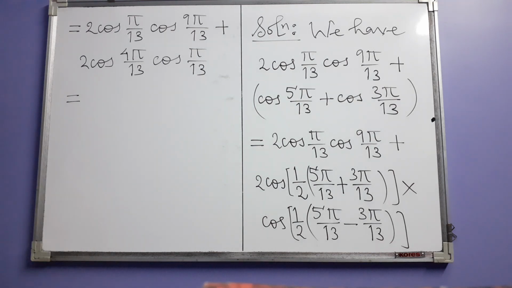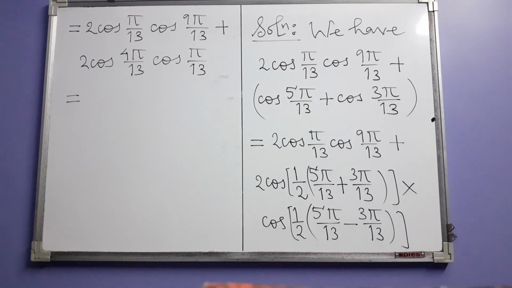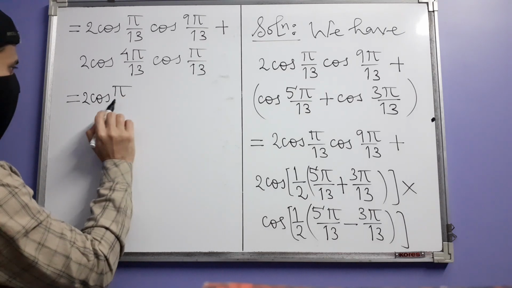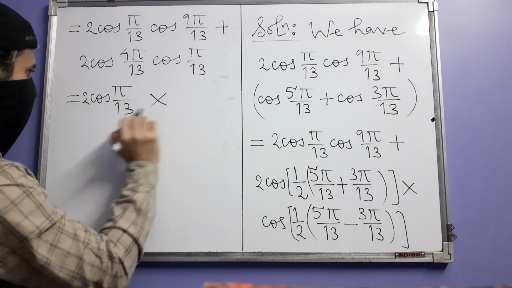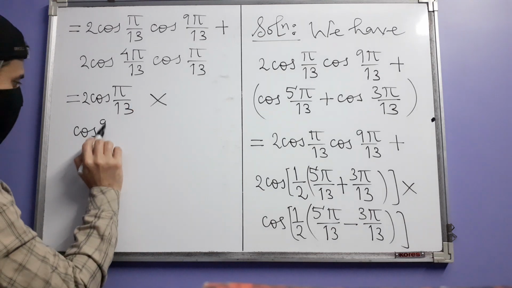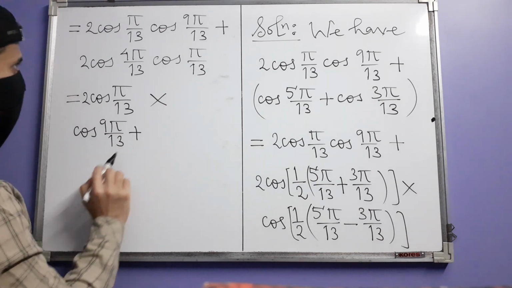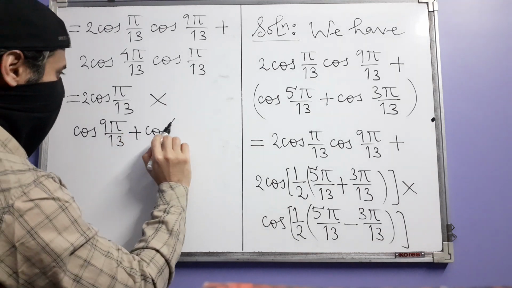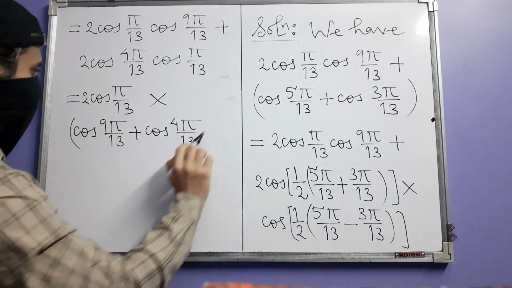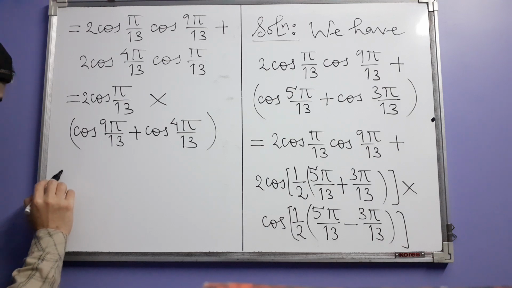So now you can see that you can take 2 cos pi over 13 common out. Times, so what do we have inside? 9 pi over 13 plus cos 4 pi over 13. So we have to apply the cos C plus cos D formula once more.